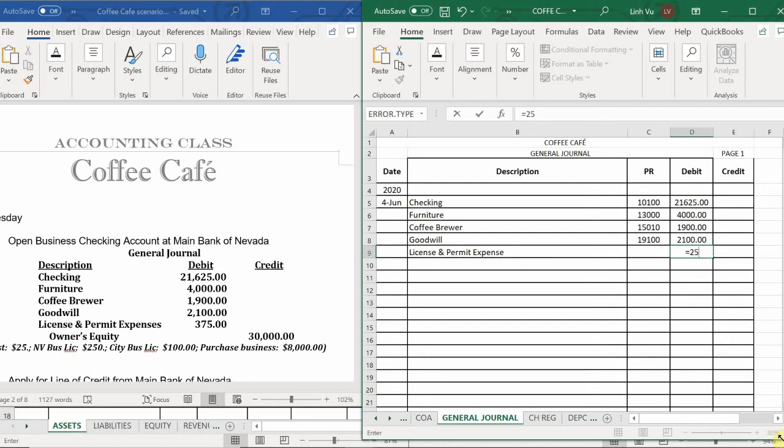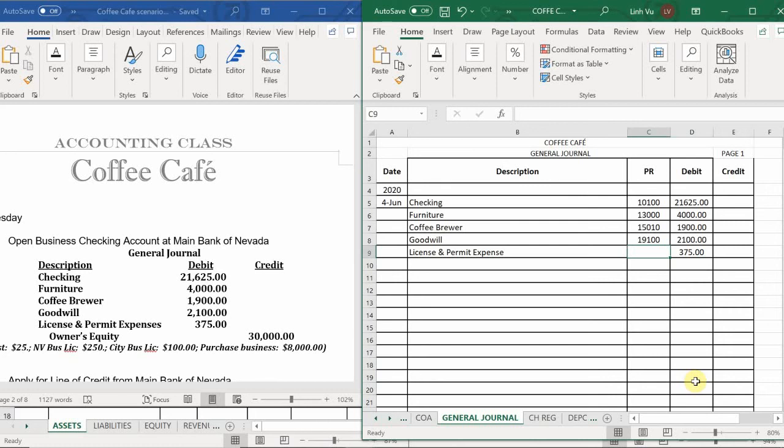If I said $25 for my court cost, plus $250 for my state, plus $100 for my city, therefore I can definitely triple confirm that $375 is correct. And that's what we're going to be using in our Excel worksheets, instead of having to calculate everything one thing at a time, I can show how it can be done.